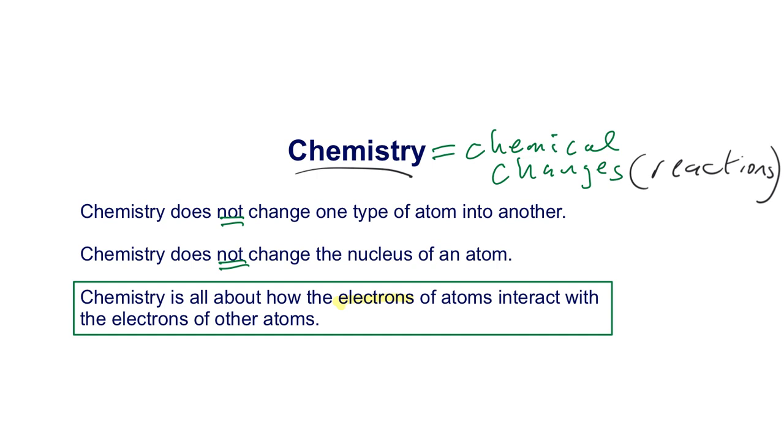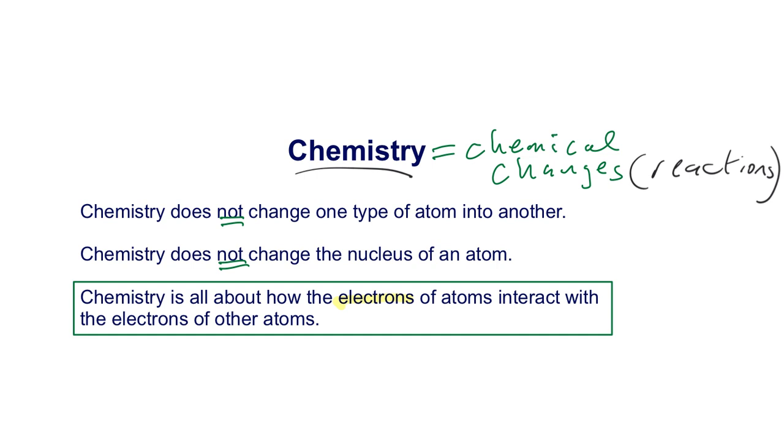The nucleus is locked up in the very center of an atom, and it really is not approachable by another element's atom. So it's only the outer shell electrons that take part in chemical reactions.